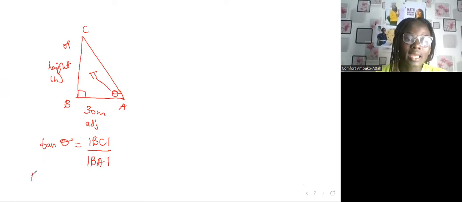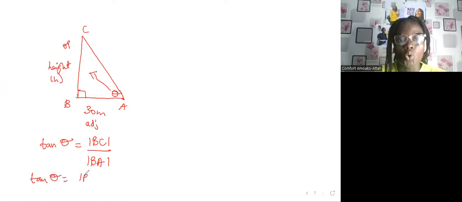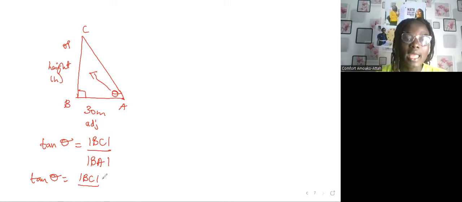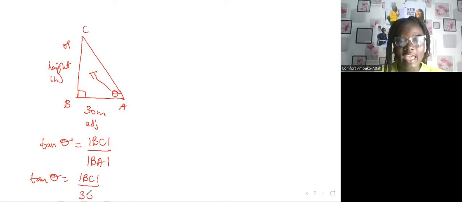BC is unknown, that is what we have to look for, and BA is 30. So line BC is equal to 30 times tan theta.